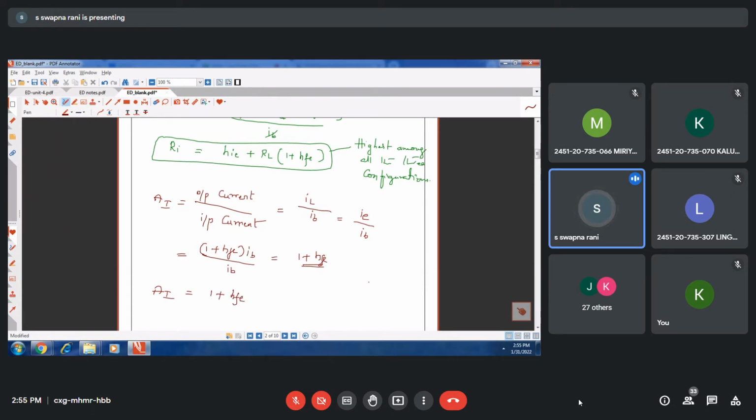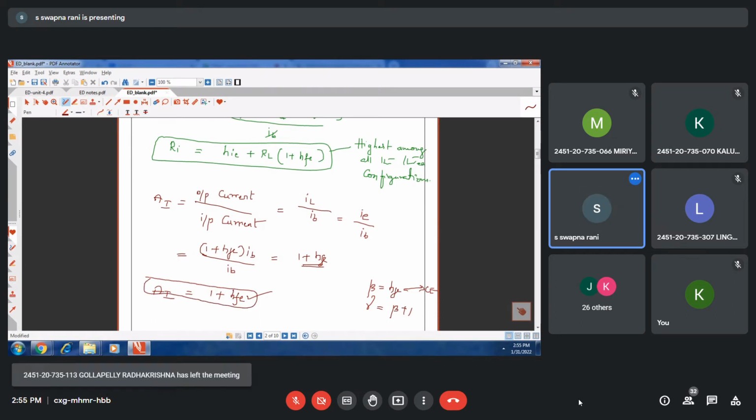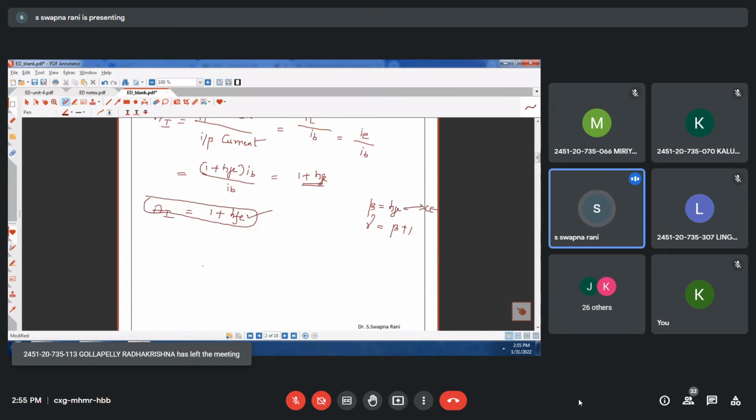Do you remember, if beta (HFE) is the current gain of common emitter, then the current gain of common collector is gamma, which is beta plus 1. So here also we got the same thing. The current gain of common collector is 1 plus HFE.